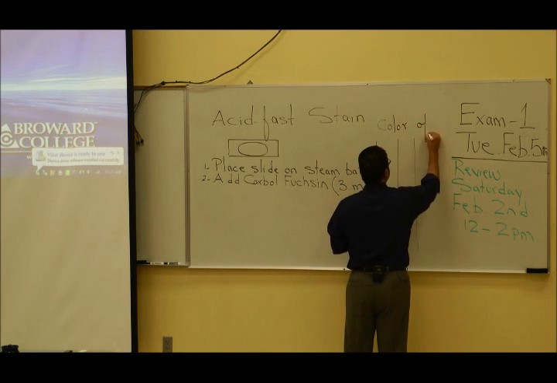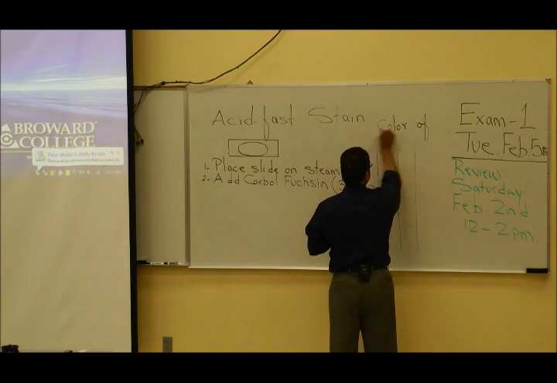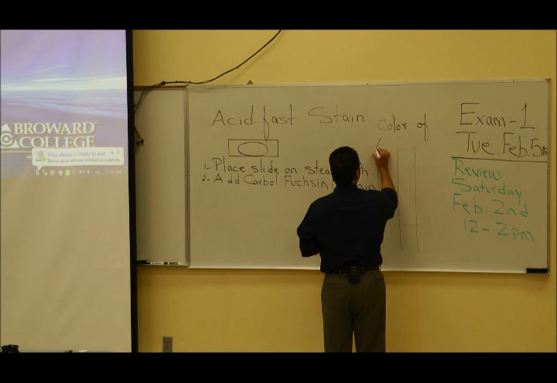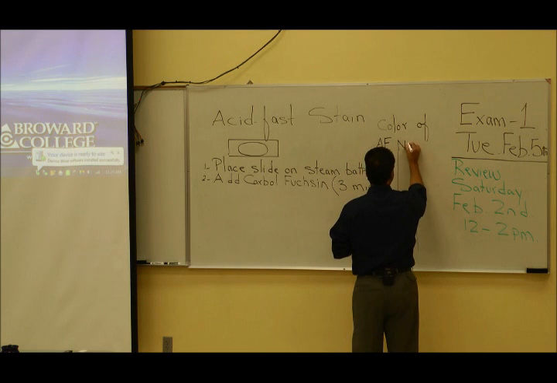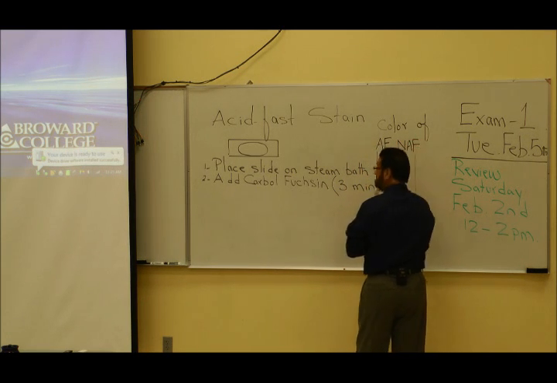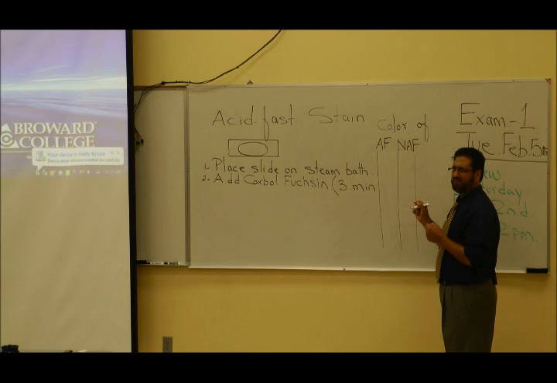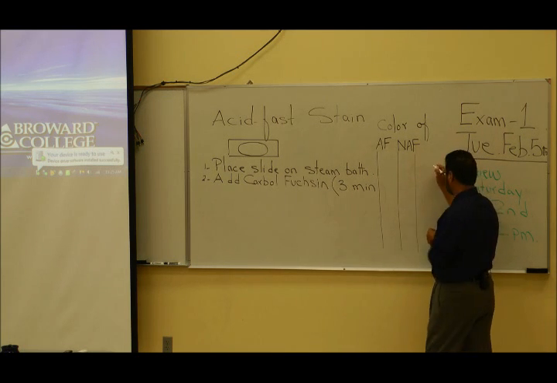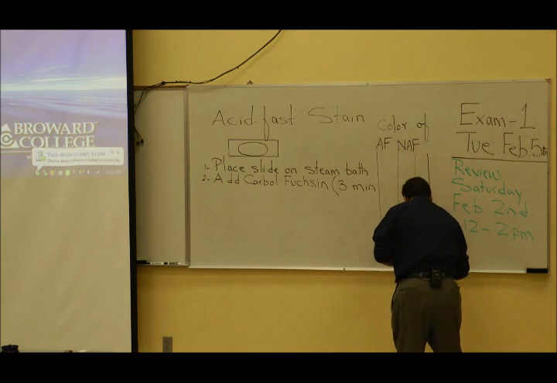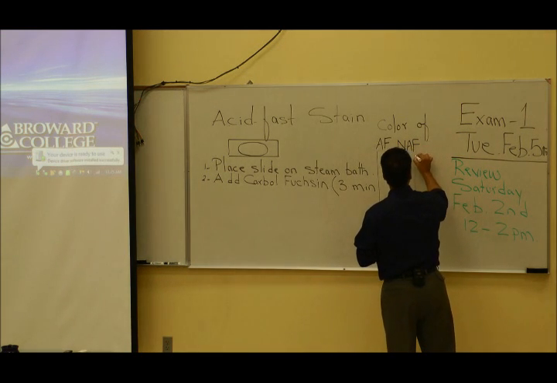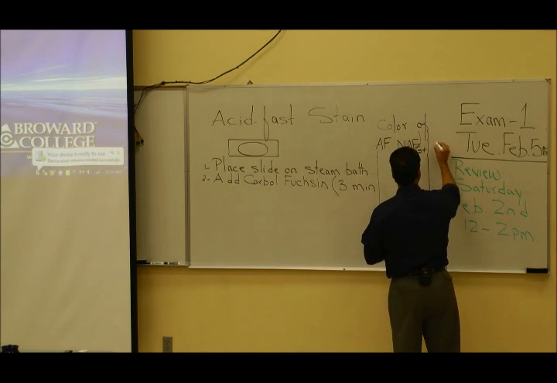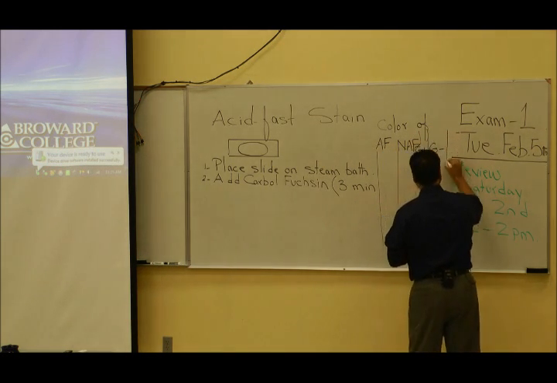Color of acid-fast bacteria, non-acid-fast bacteria. Pay attention to the last two columns. Fair question on the exams and the quiz. Make sure you understand the last two columns. This is acid-fast, this is gram-positive and gram-negative.